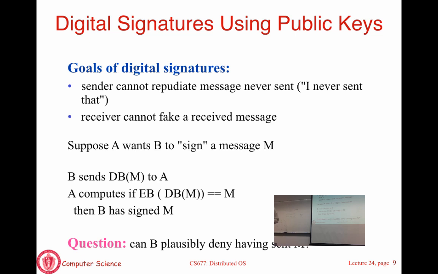And the simple way you are going to be able to do this is take a document, which we'll call message M. It's an arbitrary length string. Any document can be thought of as a string or a set of bits of arbitrary length. You can simply take that string and sign it with your private key, you can encrypt it with your private key.